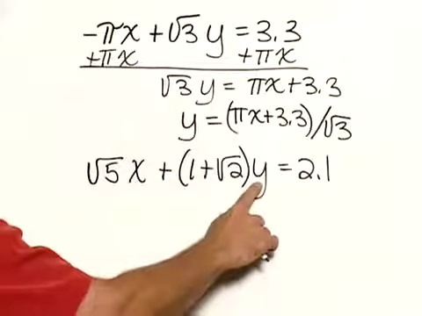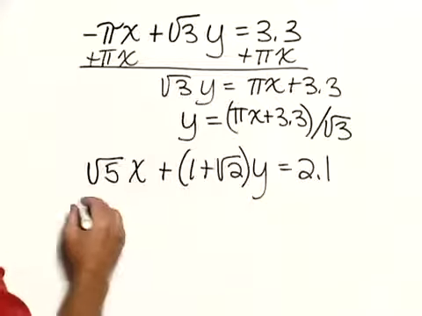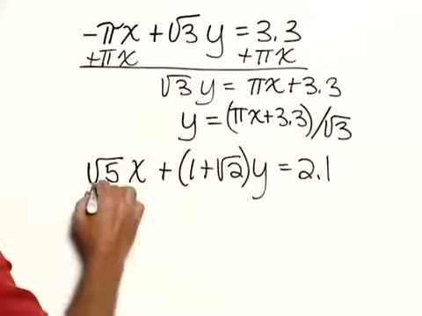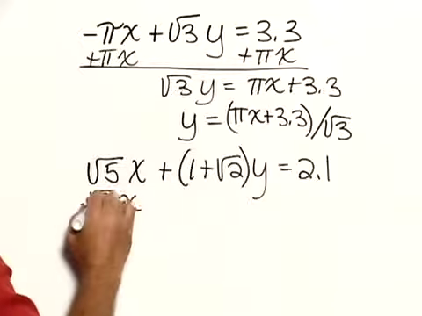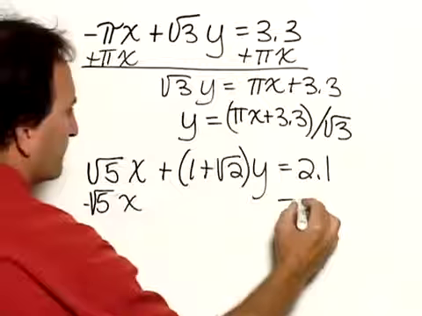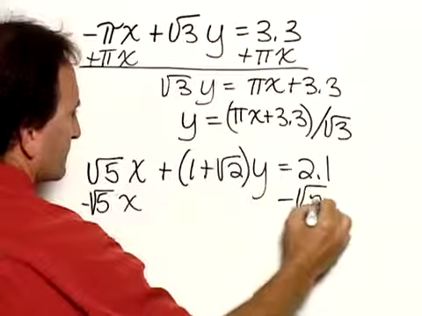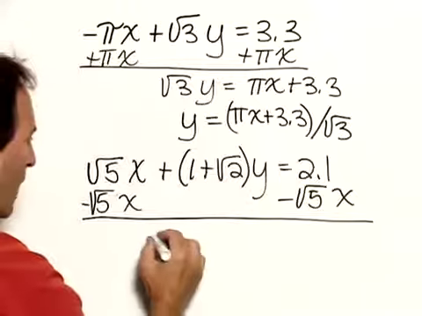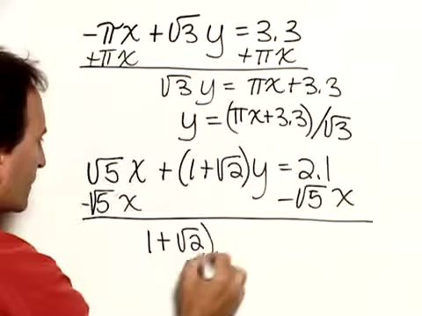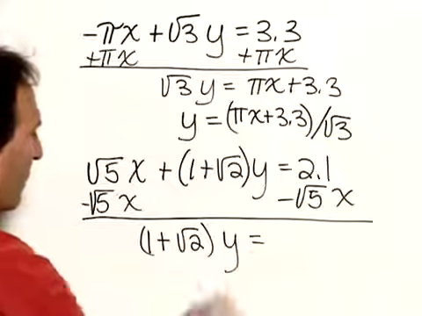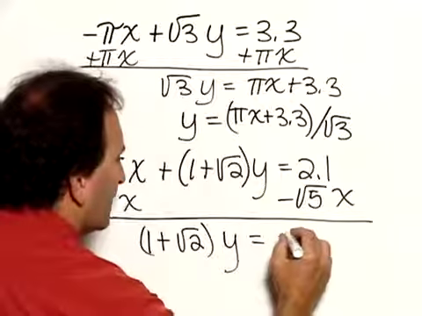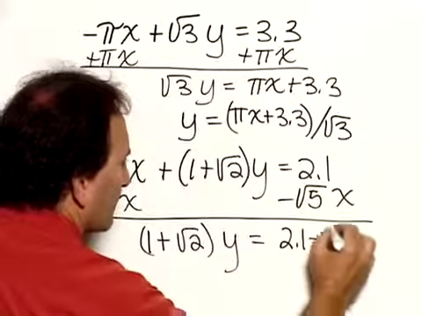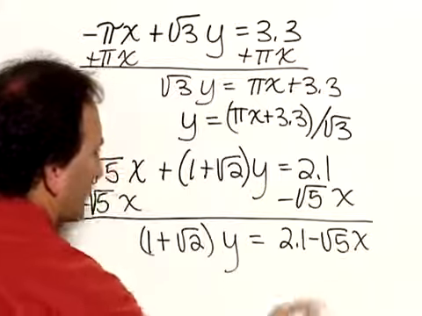For the second equation, we need to isolate y, and that means we start by subtracting the square root of 5 times x from each side. So what that gives us is 1 plus the square root of 2 in parentheses times y, and that's equal to 2.1 minus the square root of 5 times x.